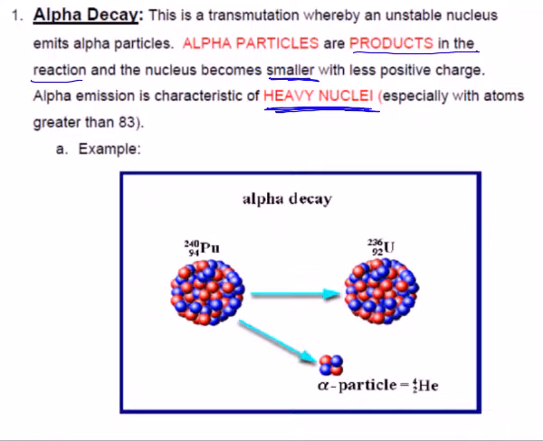I give you an example there where we have plutonium-240 breaking down into uranium-236 and an alpha particle. Notice what an alpha particle is: it's the nucleus of a helium atom. It's not the electrons. Remember, with nuclear chemistry, it has nothing to do with the electrons.